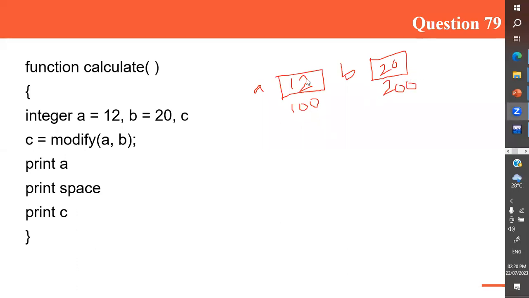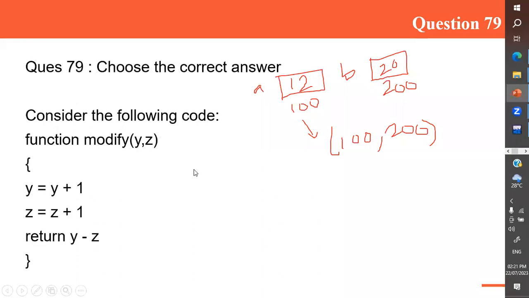Now we are calling the function modify, pass by reference. Pass by reference means what? For function modify, we are passing 100, 200. These addresses are actually passed through reference. Now, Y and Z. What is Y? Y is nothing but the address of A. Indirectly, it is pointing to A. If you make any modification by Y, it will affect A also. Y equal to Y plus 1 means Y value is star of 100.